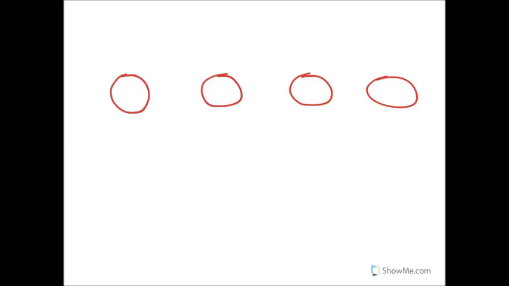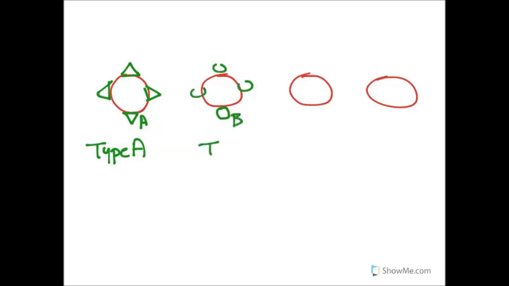And let's look at that real quick. So let's draw 1, 2, 3, 4 different red blood cells here. And on one of them, let's draw triangles referencing our A carbohydrate. And if it's only got A carbohydrates, it is type A. If it's only got B carbohydrates, and these all being B, it is type B. If it's got B and A both on it, this is type AB.